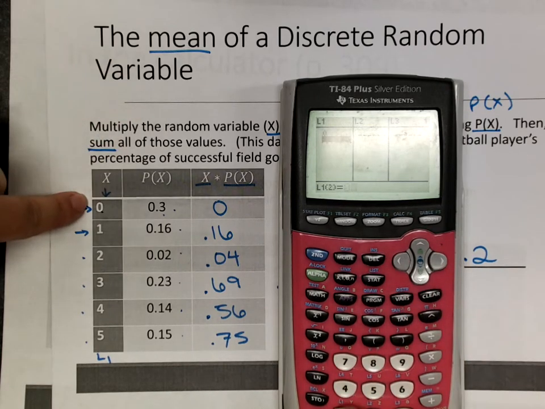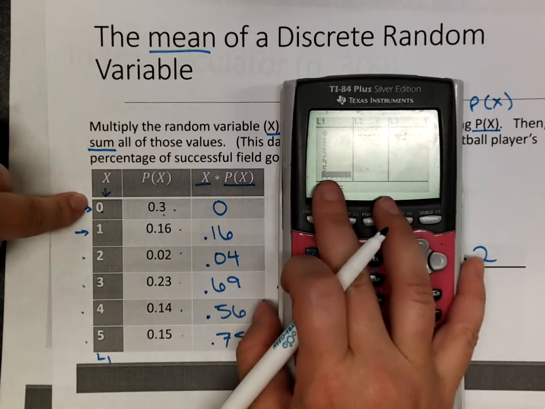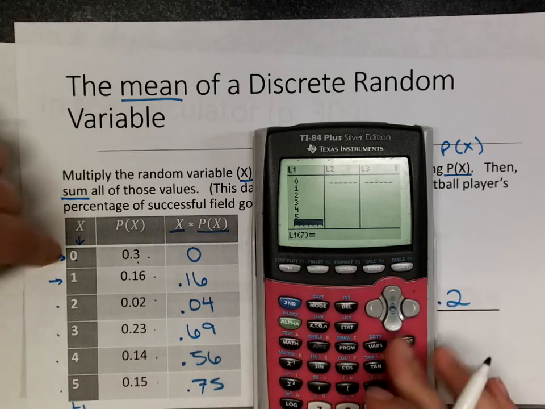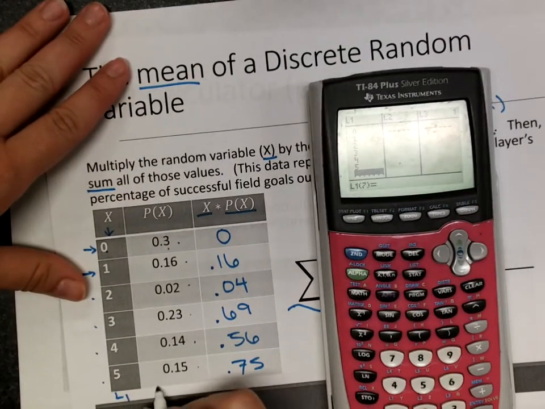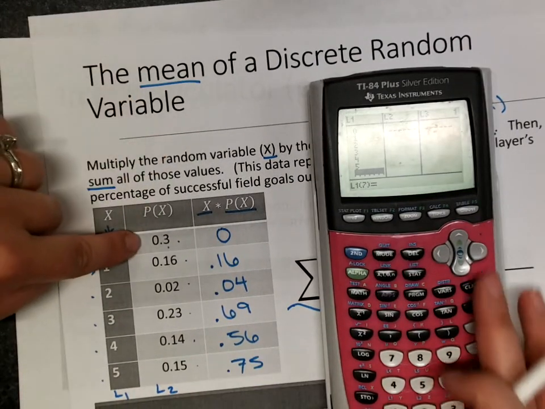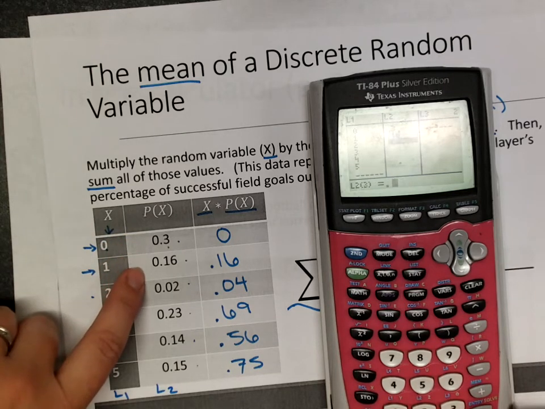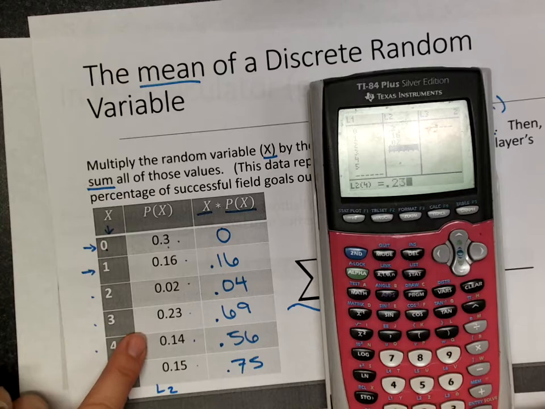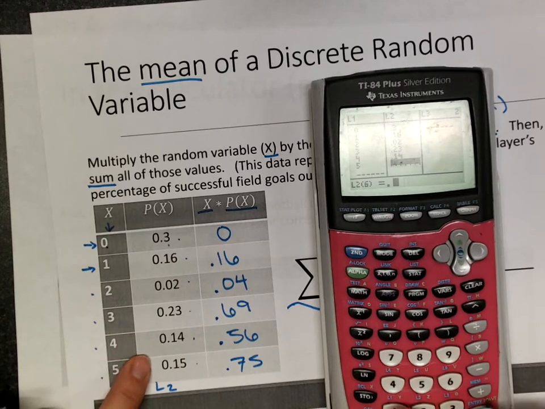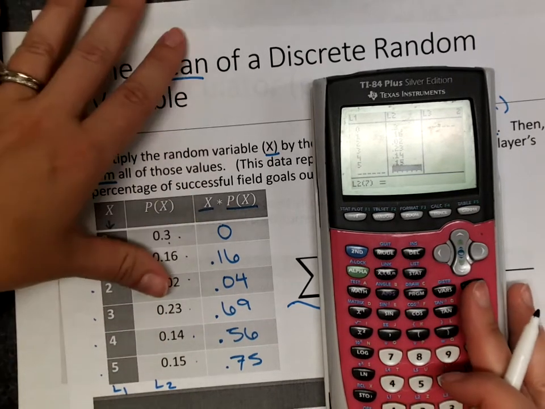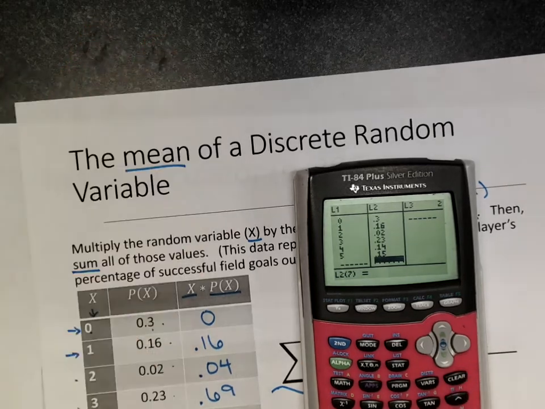I'm going to put 0, 1, 2, 3, 4, and 5. Hit enter between each one. And then P of x goes in L2, so the probability of each one. So I'm going to put 0.3, 0.16, 0.02, 0.23, 0.14, and 0.15. Sorry about the glare. So you put the probabilities in L2.